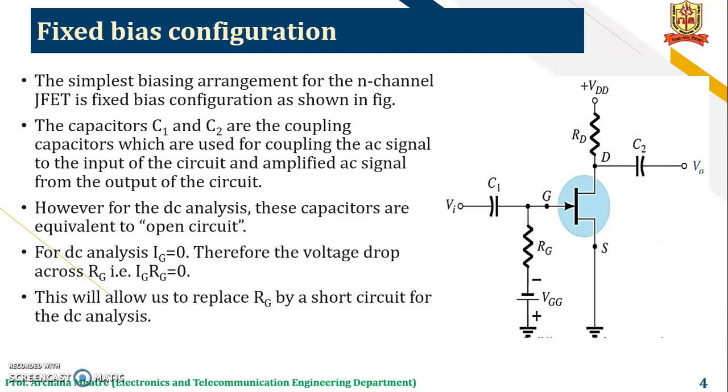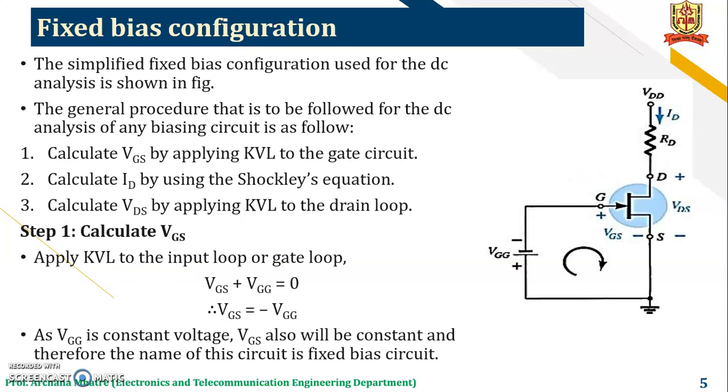For DC analysis, Ig is equal to 0, therefore the voltage drop across Rg, that is IgRg, is equal to 0. This will allow us to replace Rg by a short circuit for the DC analysis. The simplified fixed bias configuration used for the DC analysis is as shown in figure. Here the modification of the fixed bias configuration circuit.